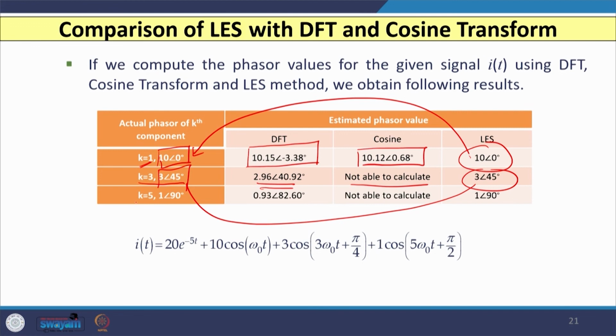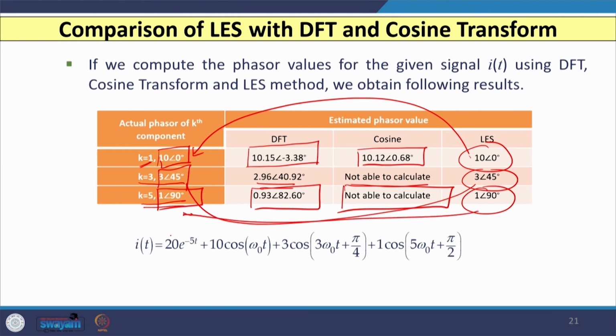Similarly, if I calculate the phasor value of the fifth harmonic term by putting k equal to 5, then the actual value is 1 angle 90 degrees. If I use DFT, you will have 0.93 at an angle 82.6 degrees, whereas the usual cosine algorithm is not able to calculate it, and with the LES algorithm you will have 1 angle 90 again, which is exactly the same as the actual value.